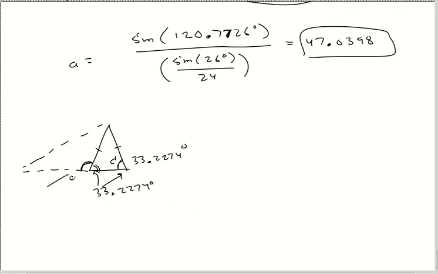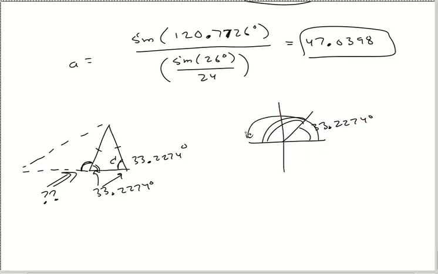So then my real question is, how do I get this guy? Knowing that I have all this, how do I get that one? Well, notice that this is a straight line, and I'm just dividing it. This is the 33.2274. So what's this guy on this side? That's 180 degrees right here. Can you see the 180 degrees that we went? I wouldn't say the 180 rule, but we are using 180 to find this other angle here.